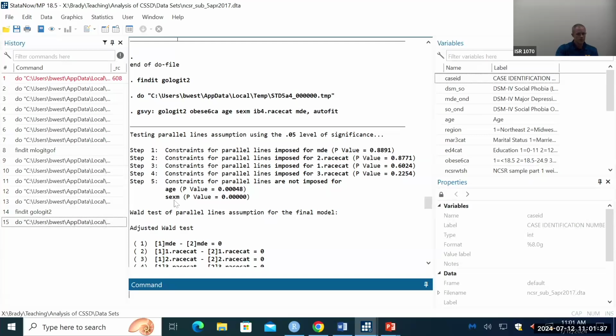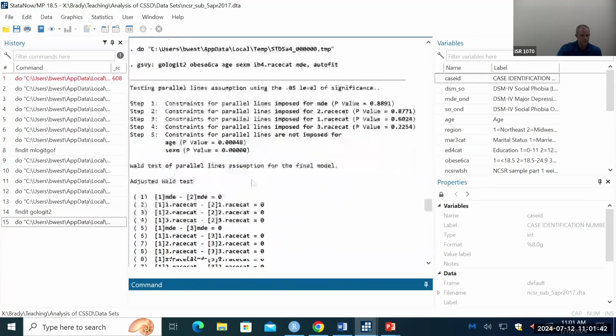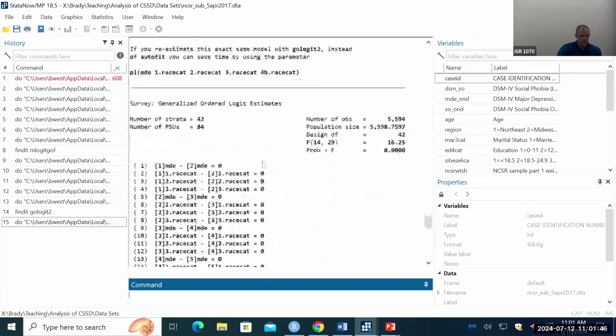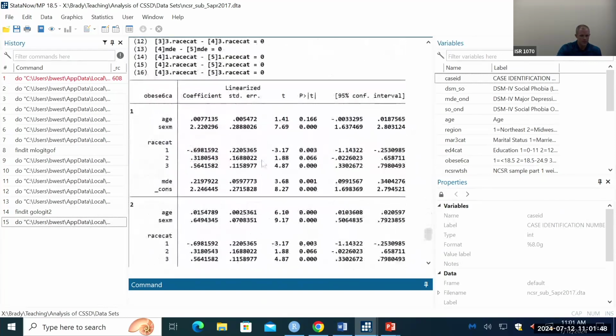Okay. So given that result, this GeoLogit 2 is going to refit the model, allowing for those possibilities. So notice now, this looks more like the multinomial logit model output. Depending on what cut point we're using, the relationship of gender with that particular logit of being higher versus lower changes.